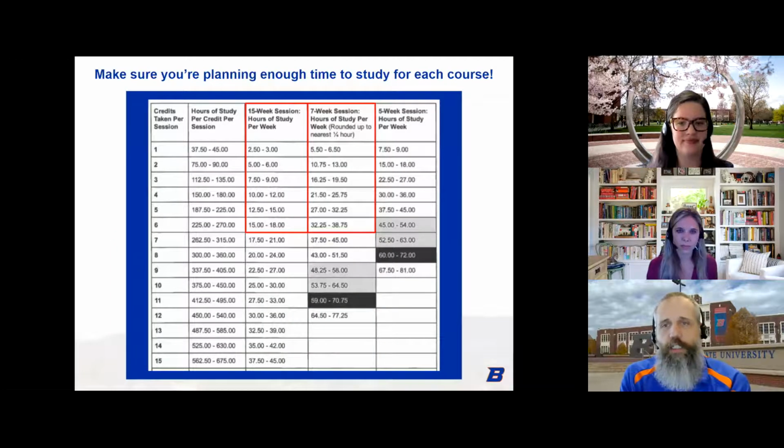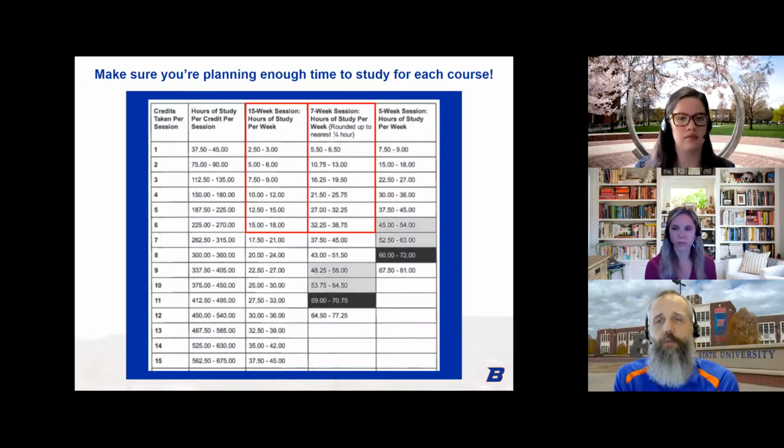Because as we look at how much time a class realistically takes, in this chart, in the red highlighted areas, we're comparing what an on-campus 15-week long semester length class usually takes in weekly work, and comparing that to most of the classes that you're going to be taking in that 7-week session, and what that workload difference really looks like.